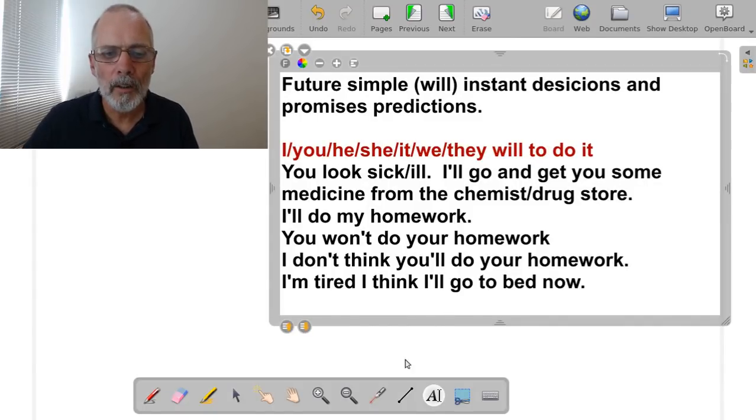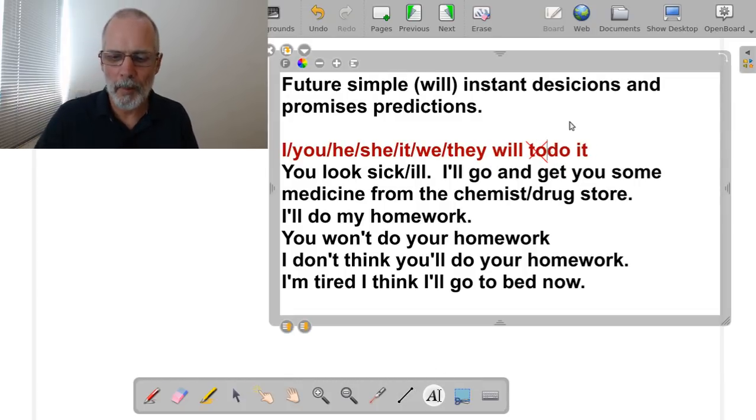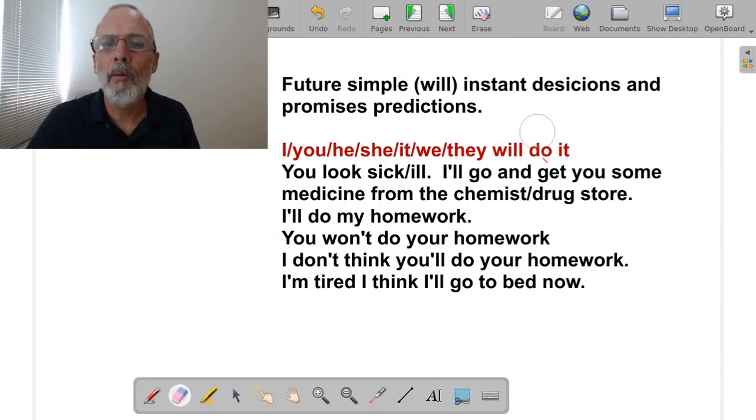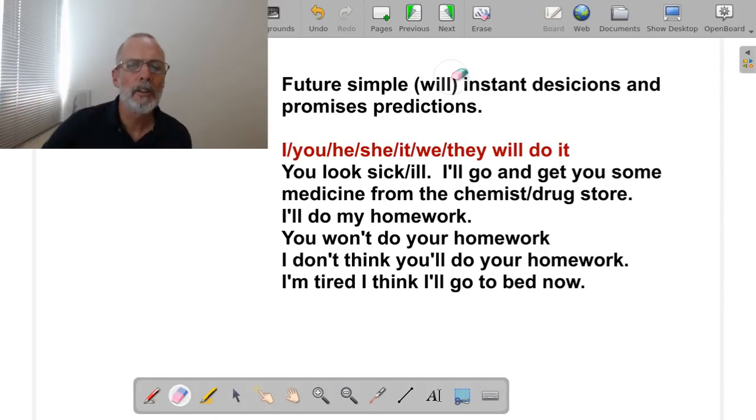This is wrong. Do not add to there. That's wrong. There's no to. Some people do that. Any modal verb is just followed by the base verb. I've got the cross there, sorry. I will do it.